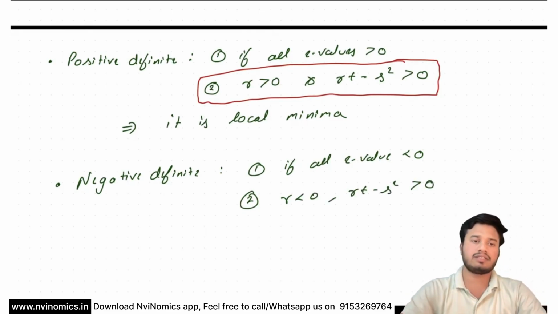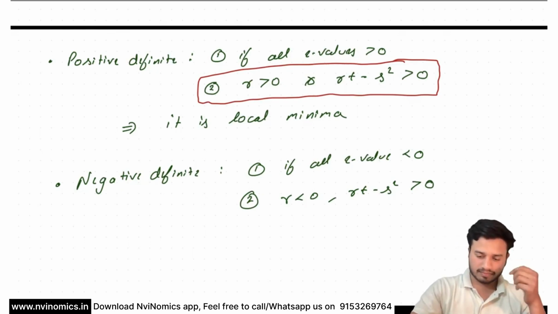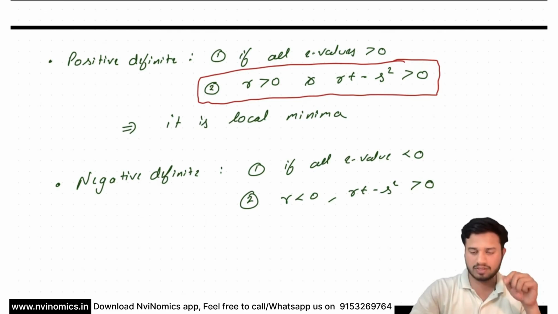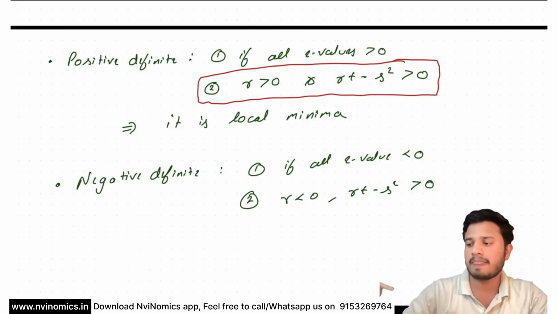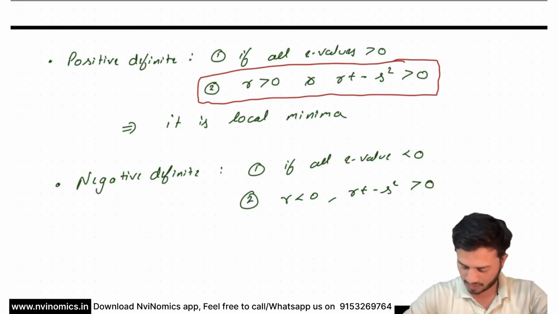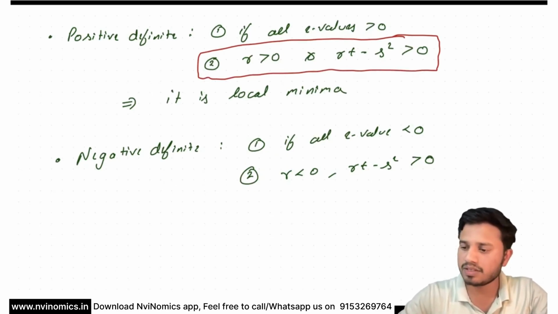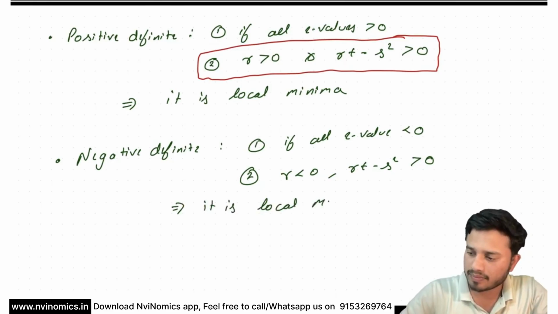So there is a pattern: negative, then positive, and if you have more than one variable, this matrix will grow to 3 cross 3, then the third minor will have to be negative. So negative, positive, alternate signs will be there. Then we will say that it is a point of local maxima.